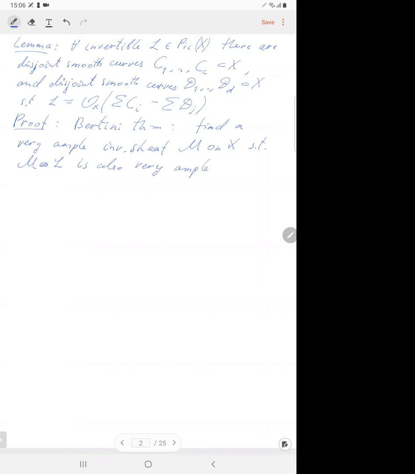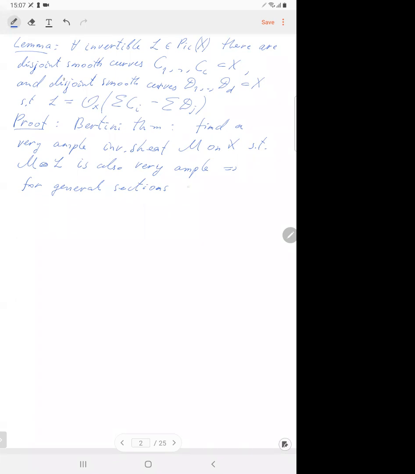L is fixed, you vary M. So first of all, M is very ample by itself, but also M tensor L is very ample. Okay, that's possible.